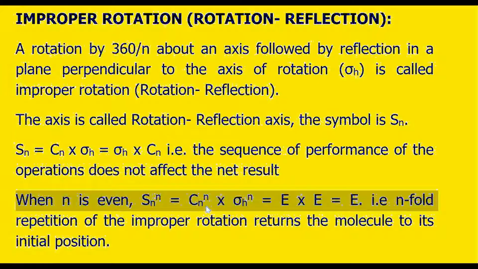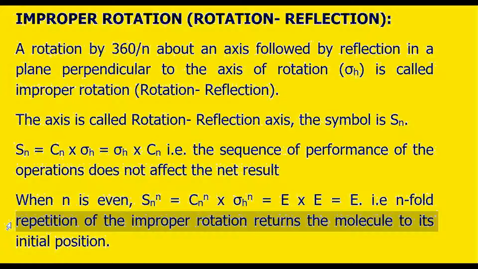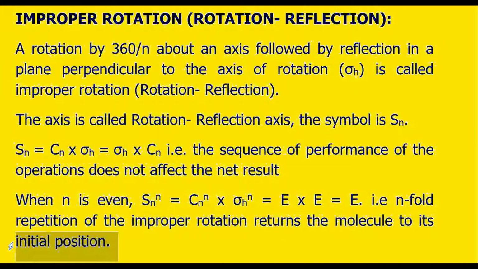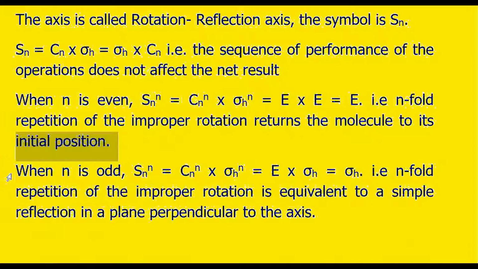Therefore, Cn raised to n multiplied by sigma h raised to n is going to be equal to E multiplied by E, and E is the identity operation. The identity multiplied by identity always gives the identity only. So this means that n-fold repetition of improper rotation returns the molecule to its initial position if the value of n is even. Now let us see what happens if the value of n is odd.